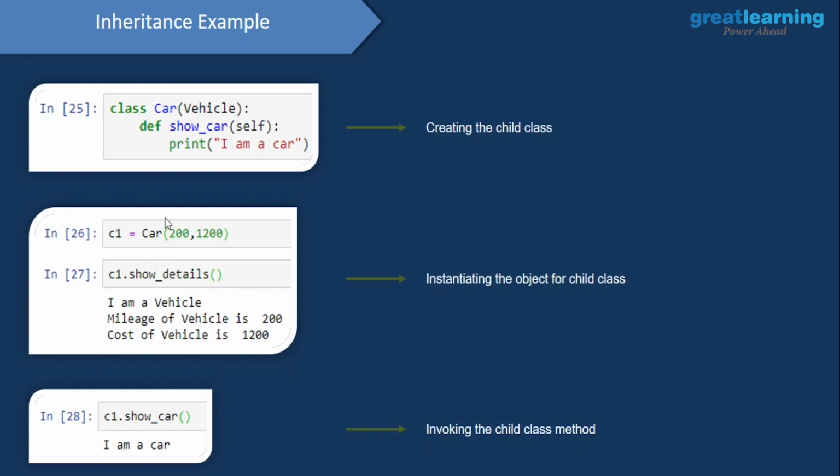But since this child class inherits the parent class, that is why we are able to invoke this method. And when you see the result, we have I'm a vehicle, mileage of vehicle is 200 and cost of vehicle is 1200. And since we also have this show car method, which is part of the car class, we can directly invoke it. So when I have c1.showCar, I get the result I am a car.